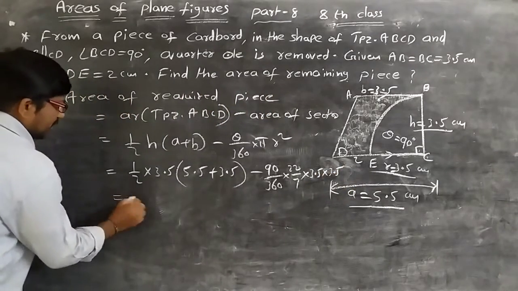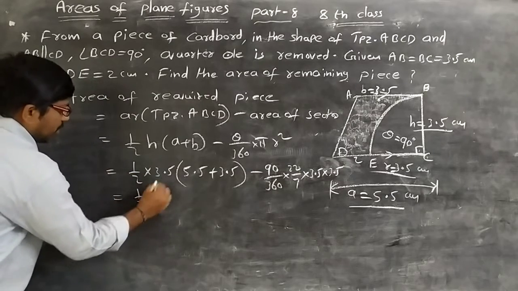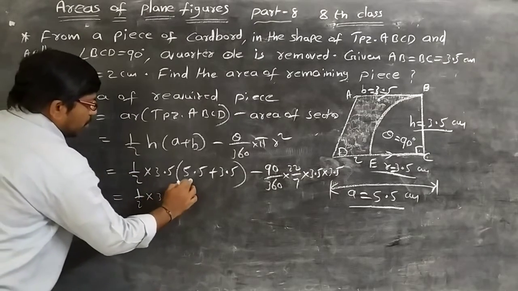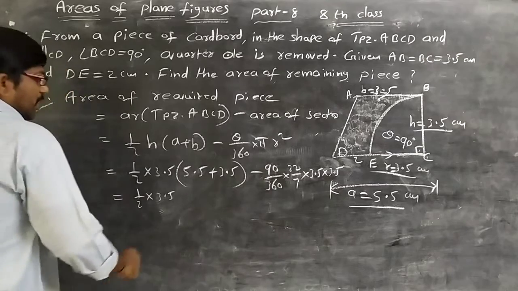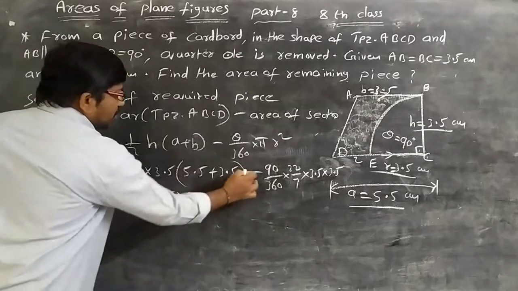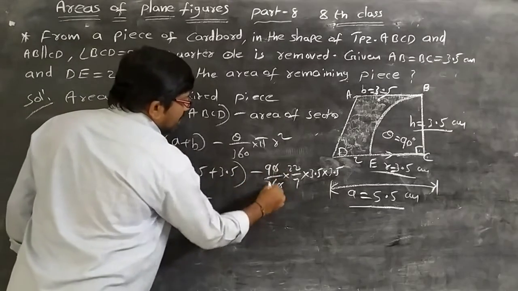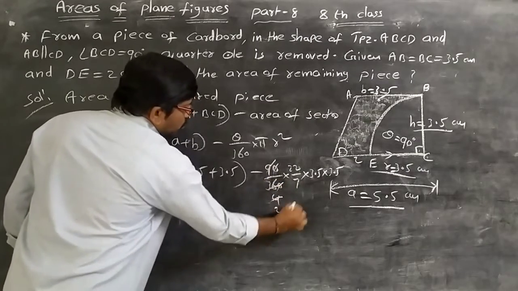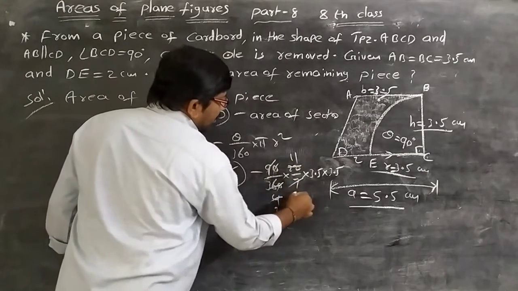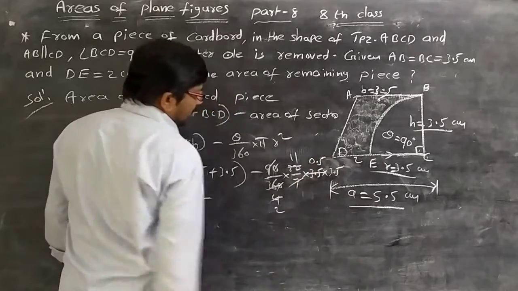Now simplify this. 1 by 2 into 3.5 into 5.5 plus 3.5, that is 9, right? Minus, zeros cancel, 9 ones 9, fours, 2 twos, 2 elevens, 7 ones 7.5, right?